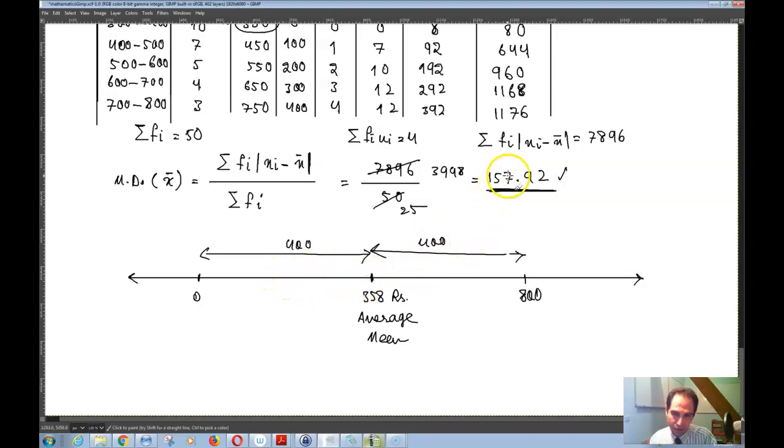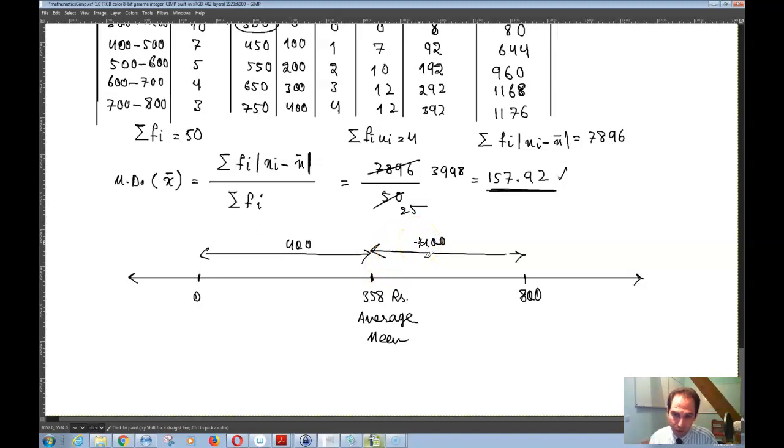Everybody was earning either 200 rupees, for example, or 160 rupees less than the mean, or less than 360 rupees, or all the way up to 160 rupees more than the mean on average.